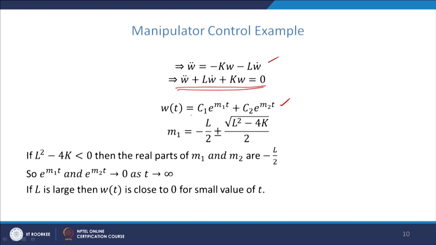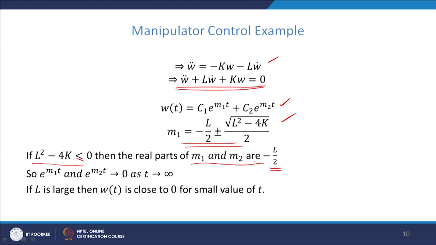So, w of t is nothing but C1 e to the power m1 t plus C2 e to the power m2 t, where the roots of the auxiliary equation are given by this expression. If we select L square minus 4K less than or equal to 0, we can see that the real parts of the roots m1 and m2 are simply minus L by 2.